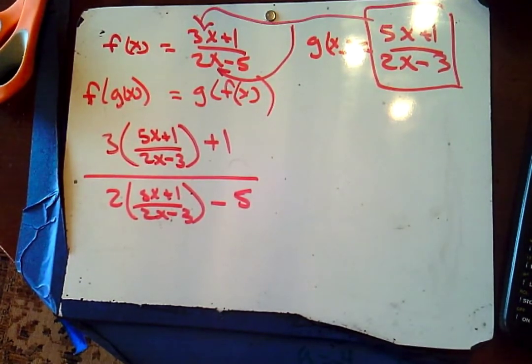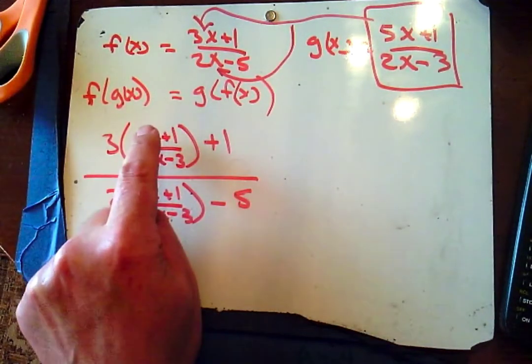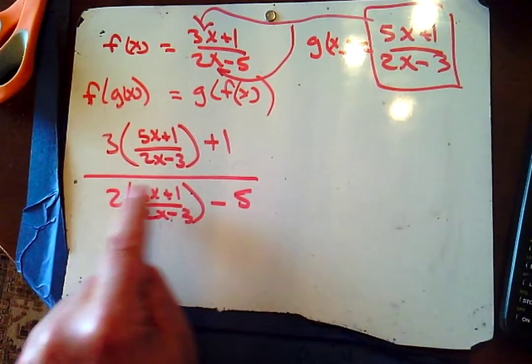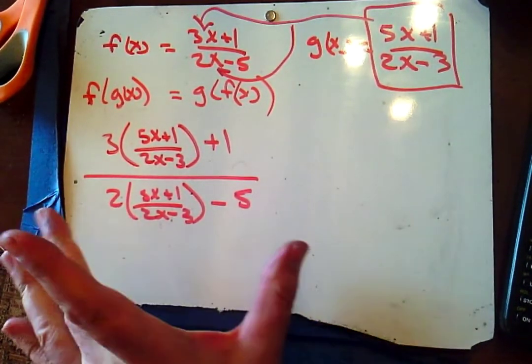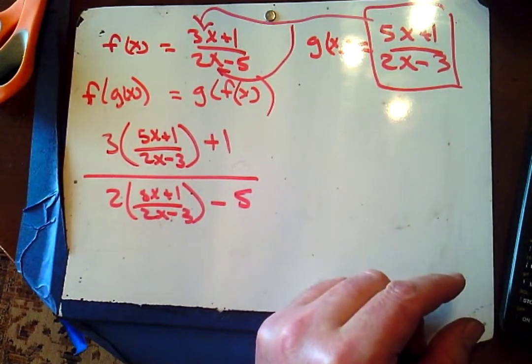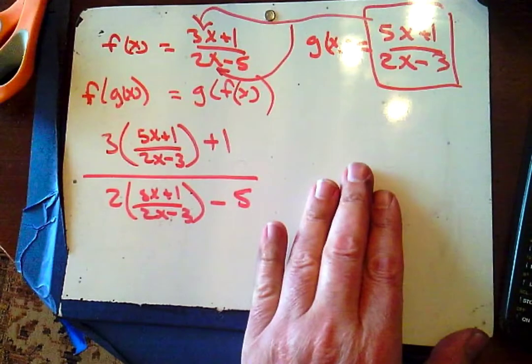Well, I can approach this algebra in one of two ways. Either I can distribute, make a common denominator, combine like terms, distribute, make a common denominator, combine like terms, and then flip and multiply and solve and see if I get x.